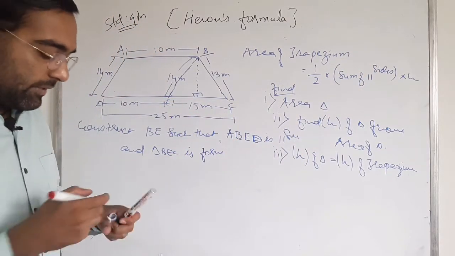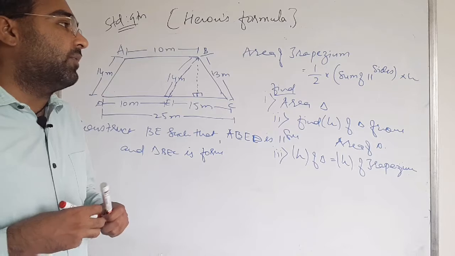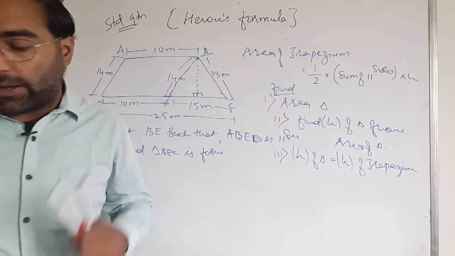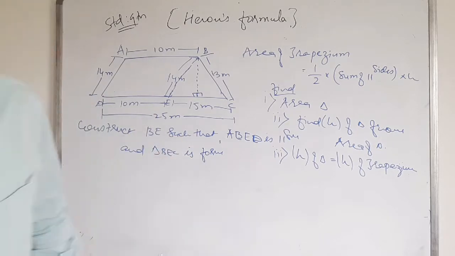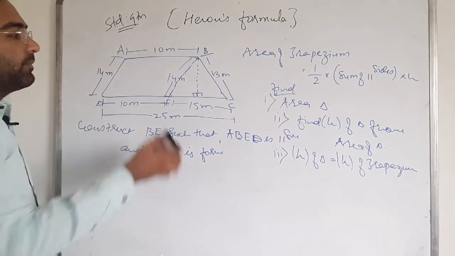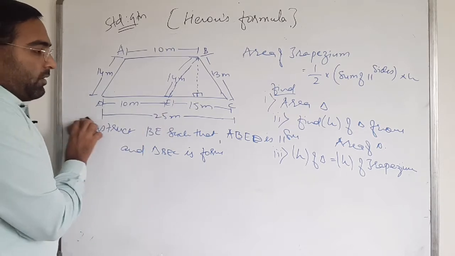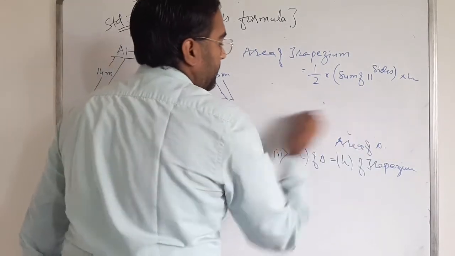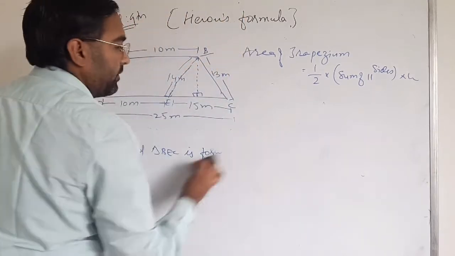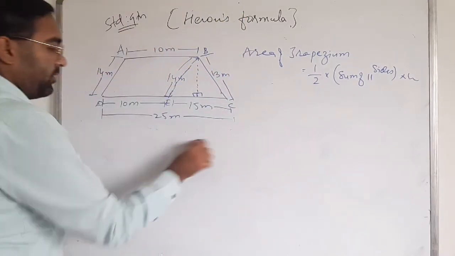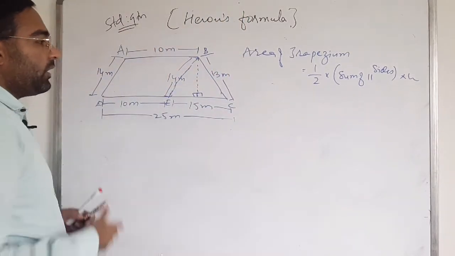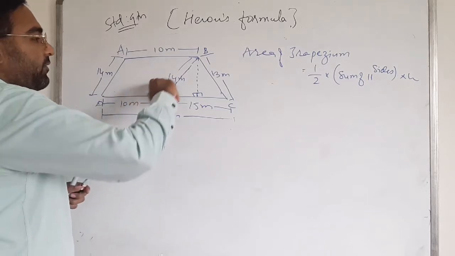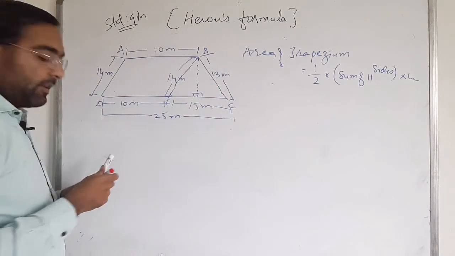Clear? So let's start. First of all we have to find the area of the triangle using Heron's formula. In the triangle the measurements 14, 13 and 15 are given.